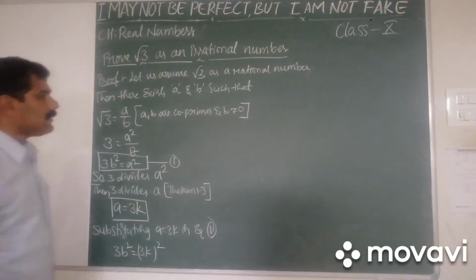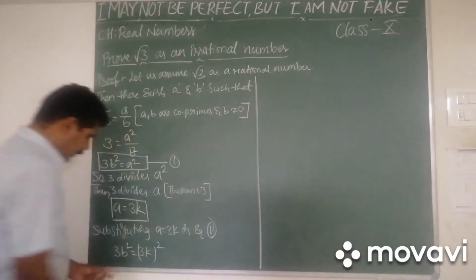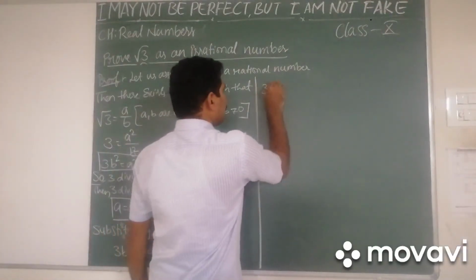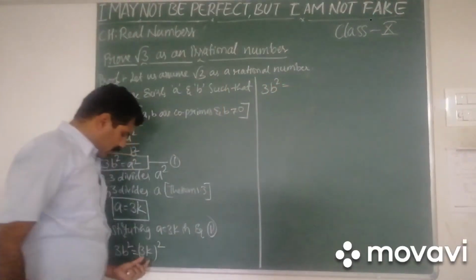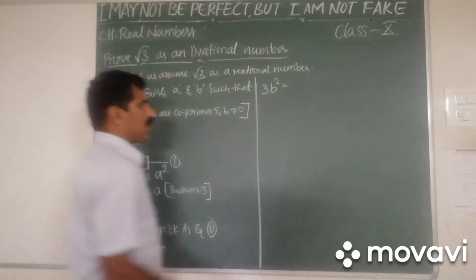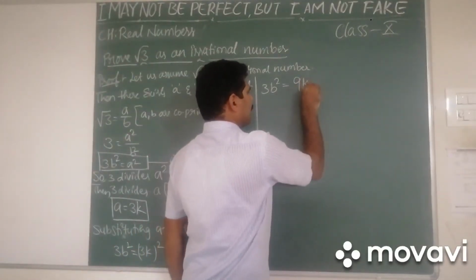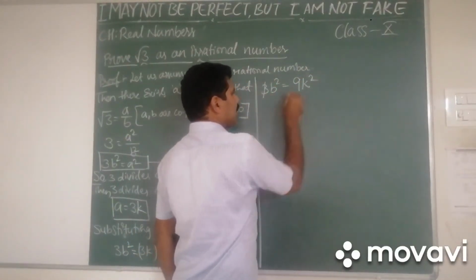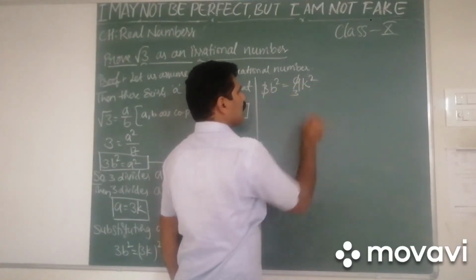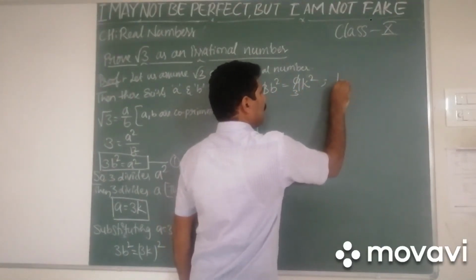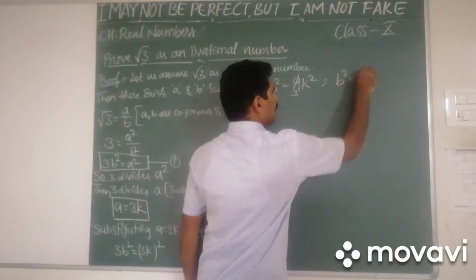This can be written as 3b square is equal to 9k square. Here 3 cancels, so this can be written as b square is equal to 3k square.